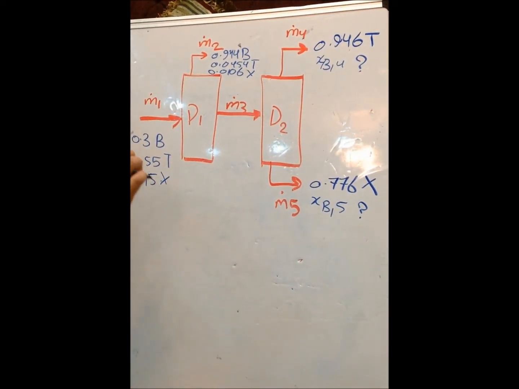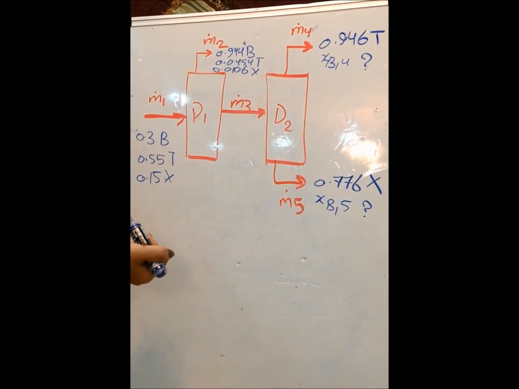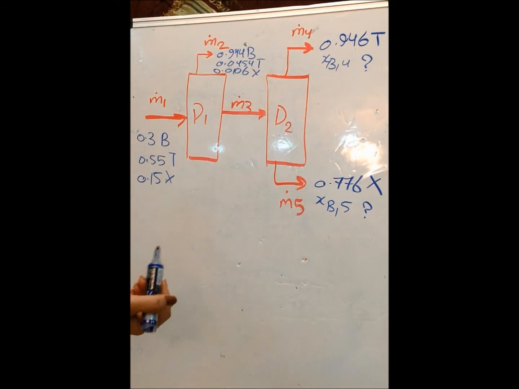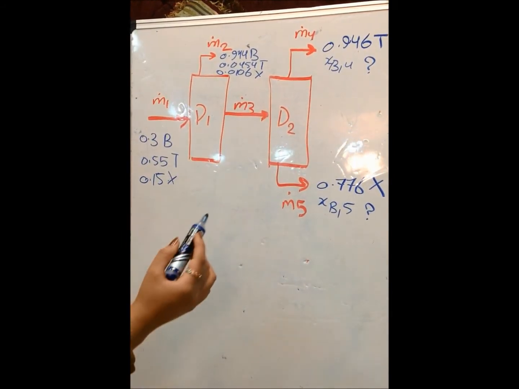Then the first step that we should take is to draw a table for the degree of freedom analysis. So the degree of freedom analysis is summarized in the following table that I will make.